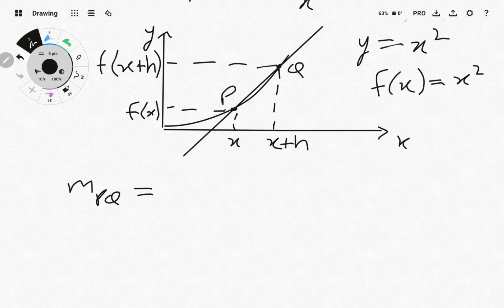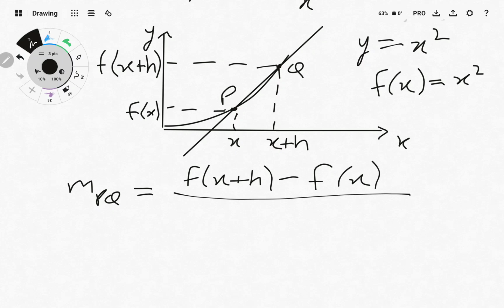Now since this is a straight line, what I can do is just use the formula for a straight line, which is y2 minus y1 upon x2 minus x1. In this case, our y2 is the y-coordinate of Q, which is f of x plus h. So I'm just going to write that over here. Minus y1, which is the y-coordinate of P, which is simply f of x.